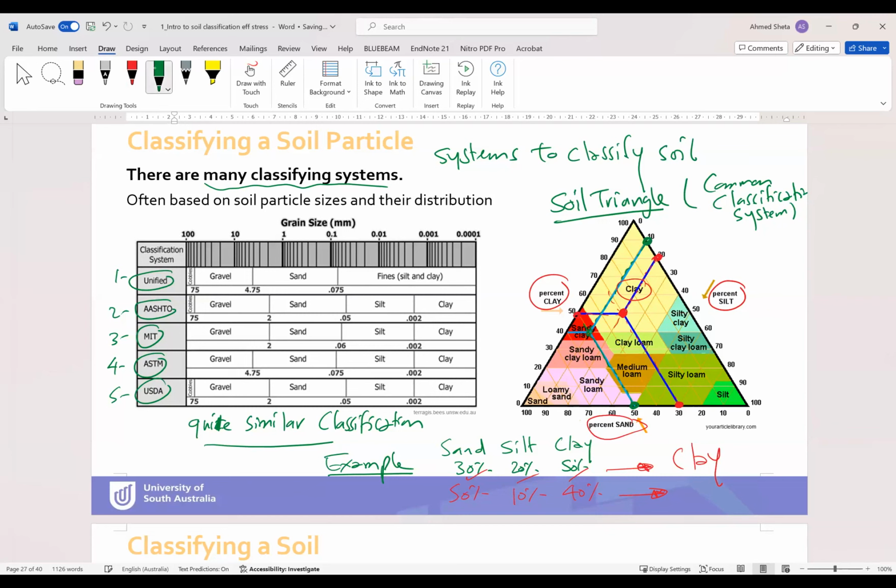They meet here, and this is the percent of clay. So this is the point, here in the red area. What is the type of soil we have here? Sandy clay. Okay, so these are two examples of soils that we can classify using the soil triangle.